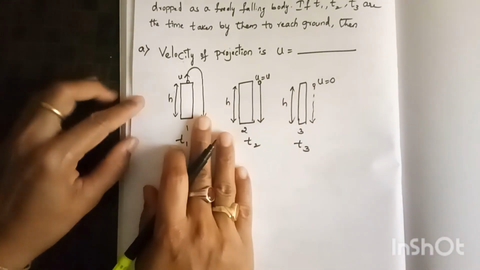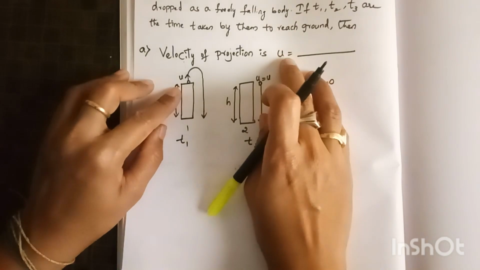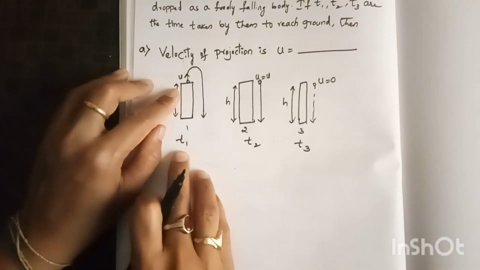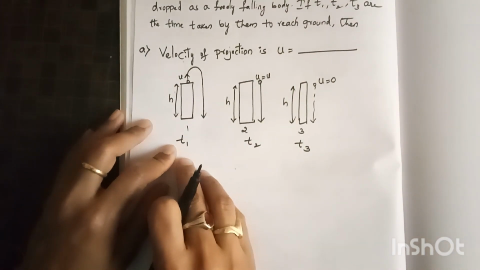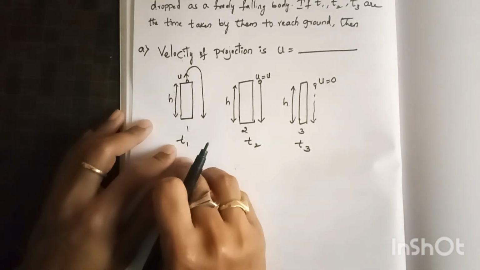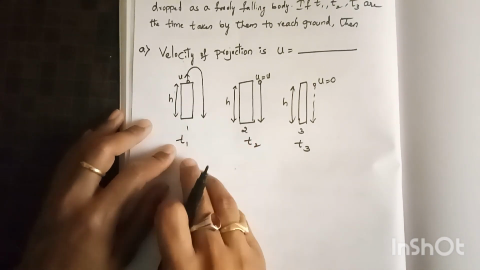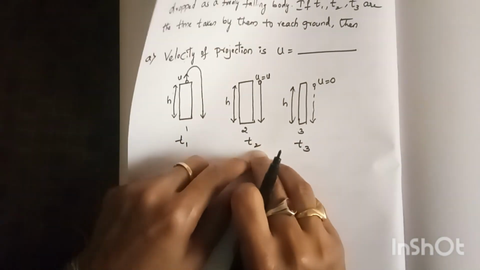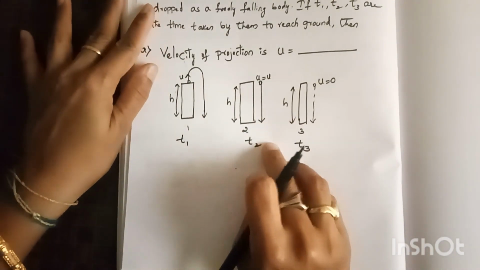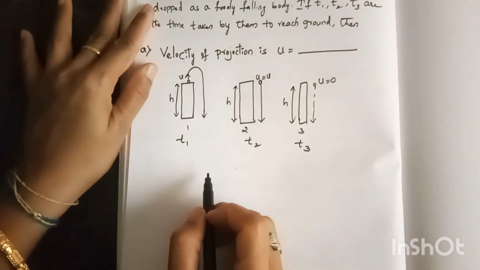To find the value of u, I am considering T1 as the time taken by the first body to reach the ground, and T2 as the time taken by the second body to reach the ground. What is the first body?